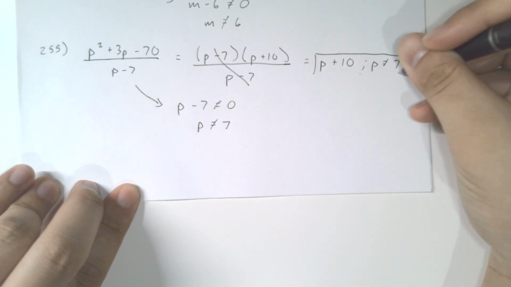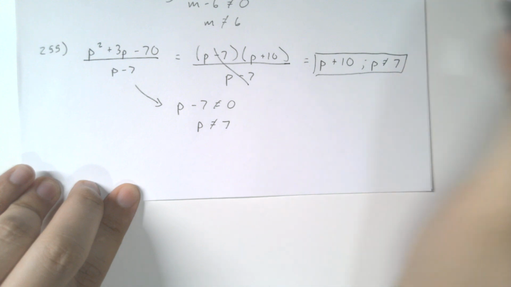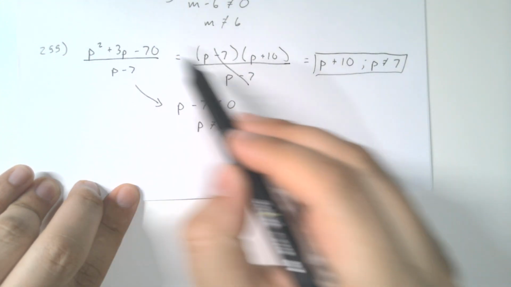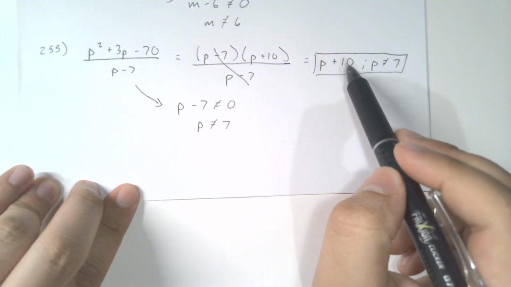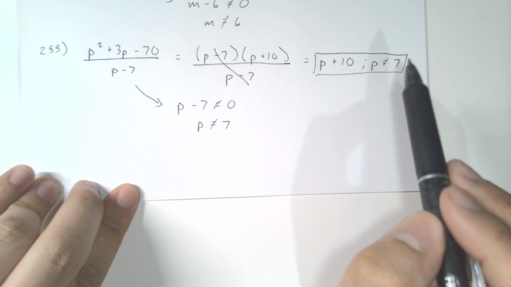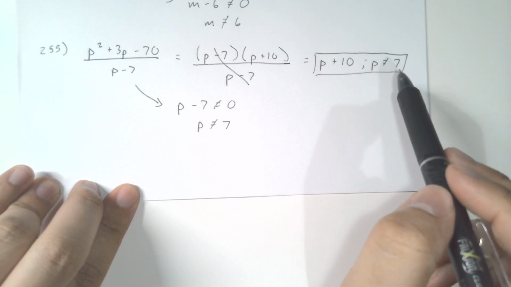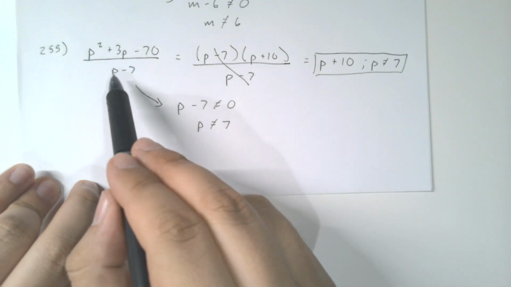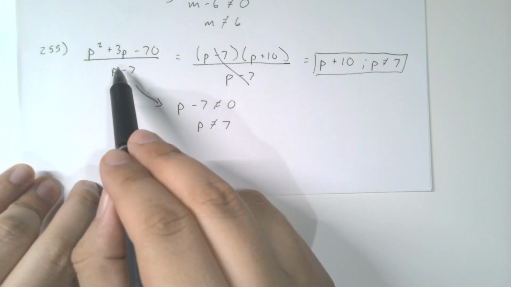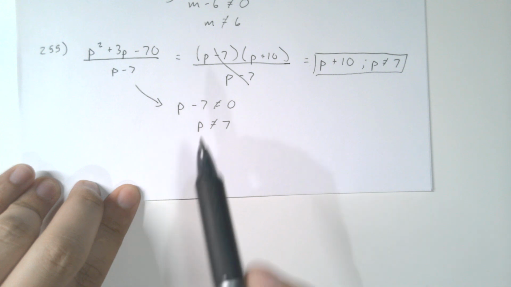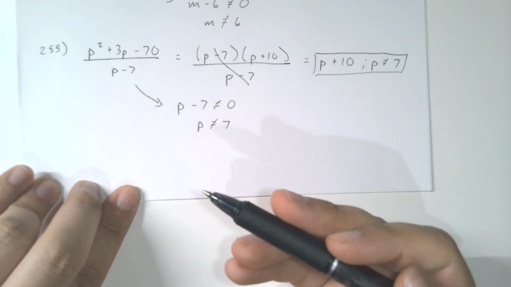And so this is our final answer. All of this is equal to p plus 10, with the condition that p can't be equal to 7, because if we plug in 7 over here, we have 7 minus 7, which is dividing by 0, and we can't do that.